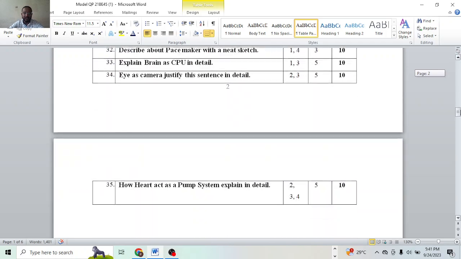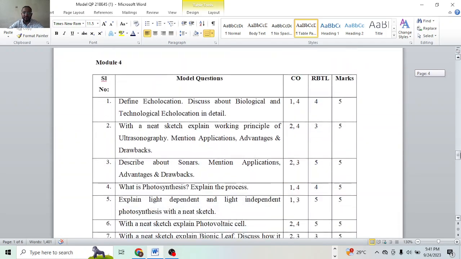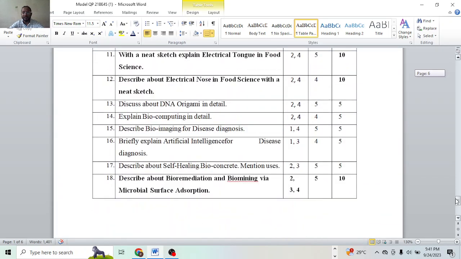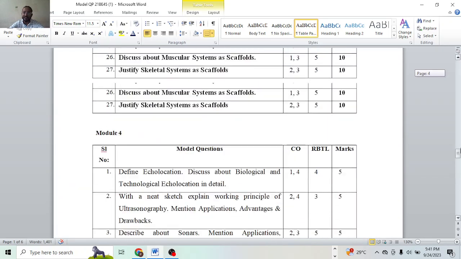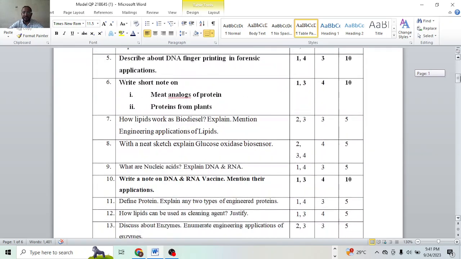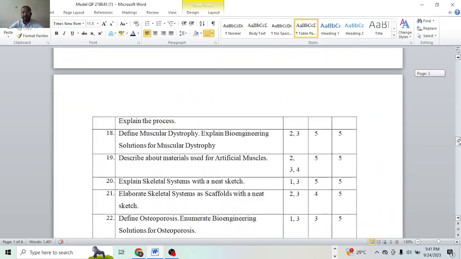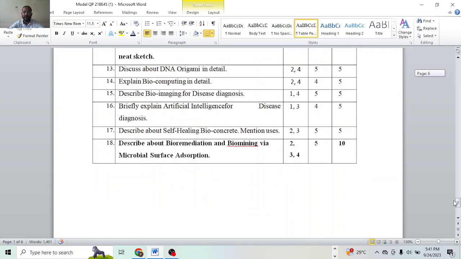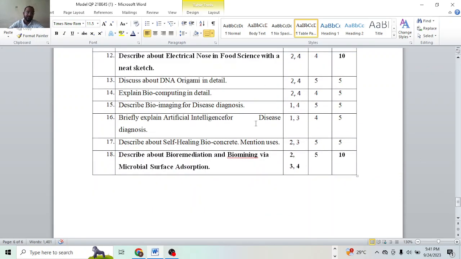Very rarely will you see 2. Why? Because all the concepts are bioengineering concepts. All concepts involve engineering, analytics and analyzing, and all these skills are needed to understand those topics. That's why all levels are more than 2 here. Not just understanding, but since technology is involved, you need to apply. So that's why.